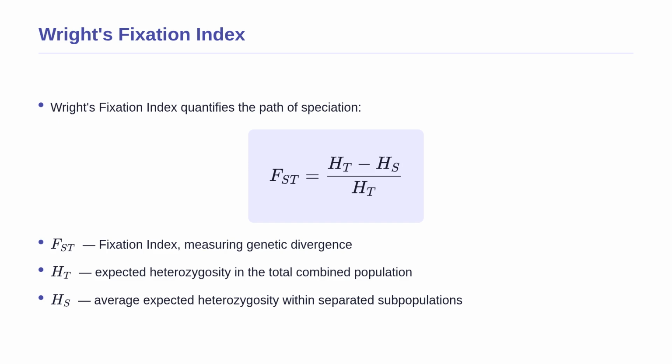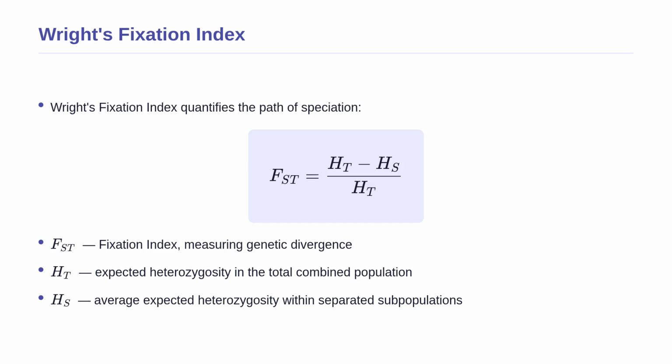FST represents the fixation index itself, which measures the genetic divergence between subpopulations. The variable HT stands for the expected heterozygosity, or genetic variation, in the total combined population. The variable HS represents the average expected heterozygosity within the individual separated subpopulations.